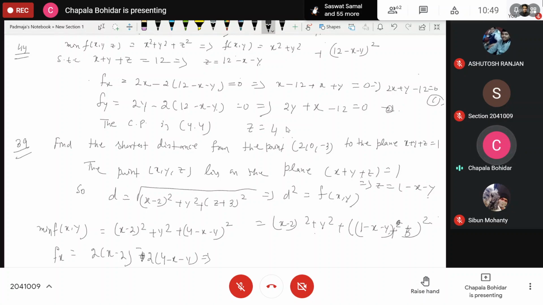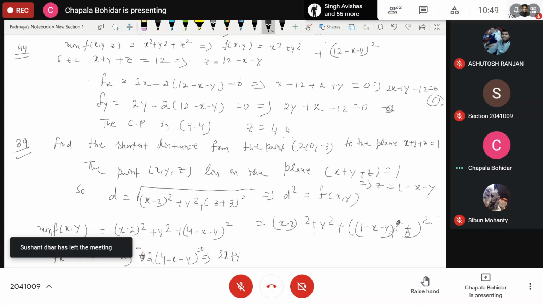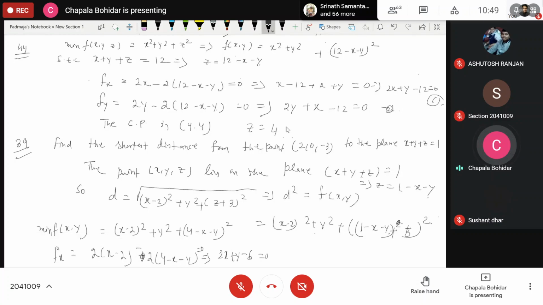If you take common 2, it is 2x plus y, then minus 8... minus 4, minus 6, equal to 0.